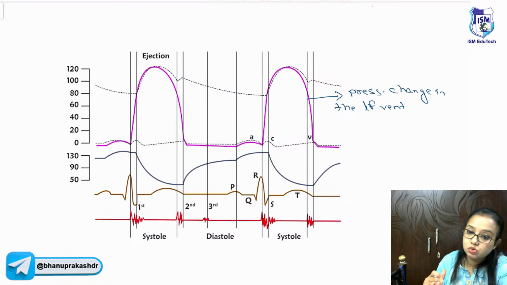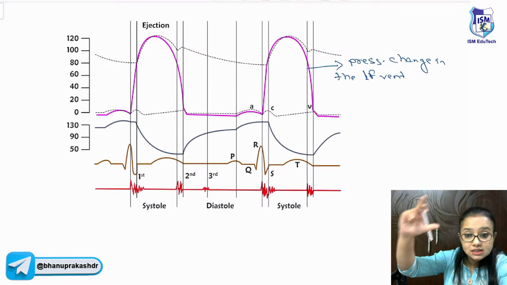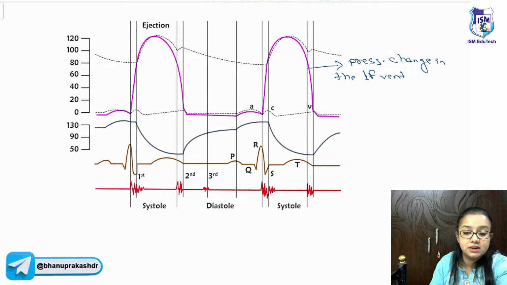But the only thing is that the increase and the decrease in the left ventricle pressure is much bigger than that of the right ventricle. So it is easy for us to understand the Wiggers diagram because they are bigger in size. Nothing else.